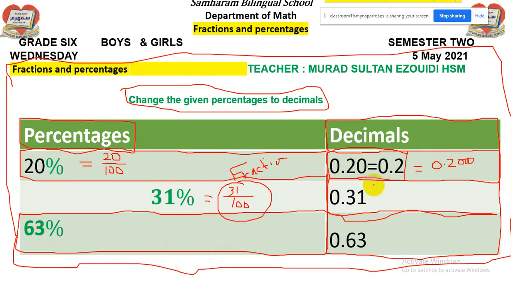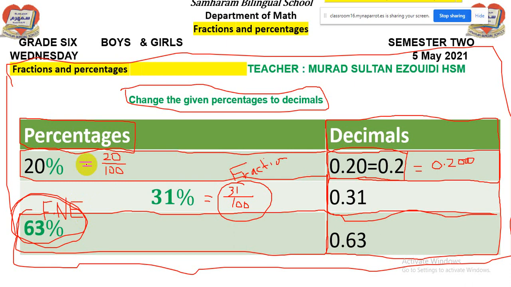I will write 0.31, you will write 31%. Then here 63%, this will be in the final exam. This one will be in the final exam. Clear? FNE means final exam.